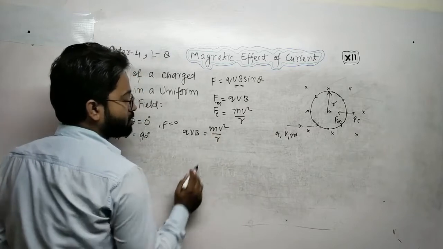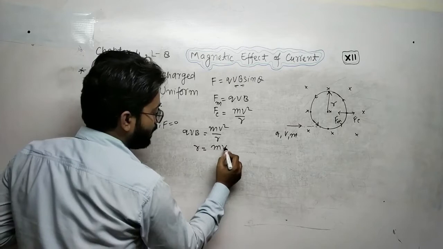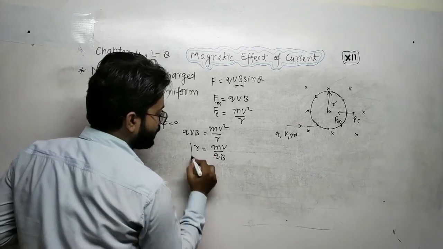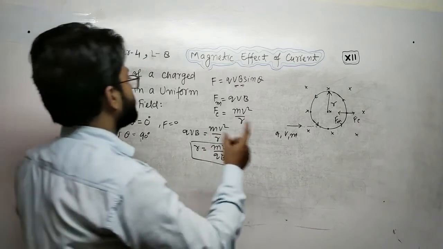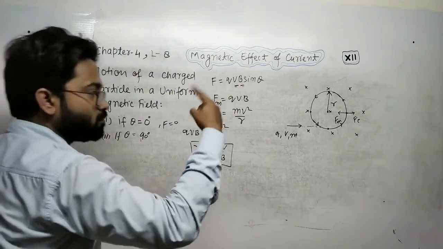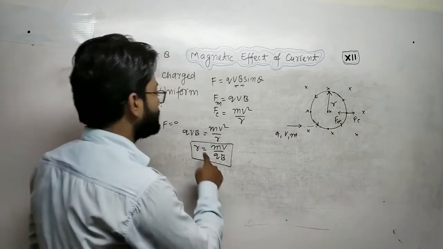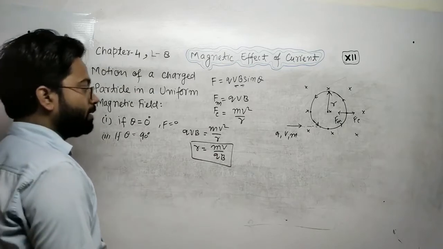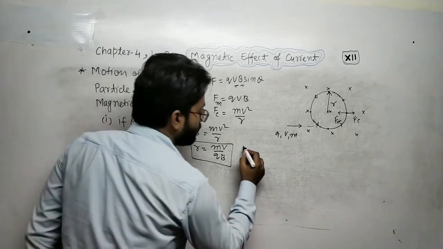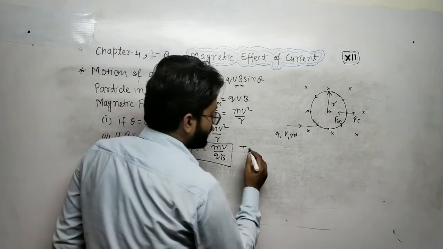One velocity will be cancelled and r equals mv upon qB. This is the radius of the circle in which the charged particle is moving in a uniform magnetic field.